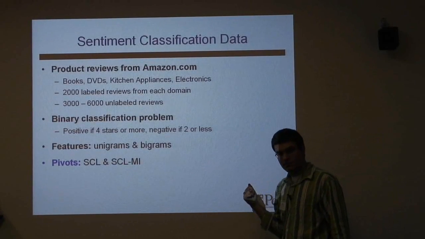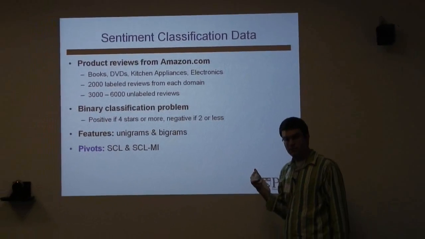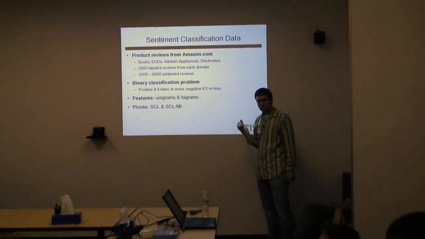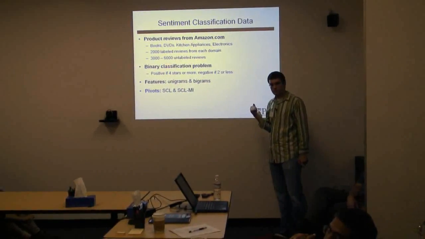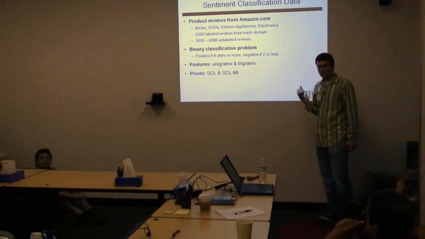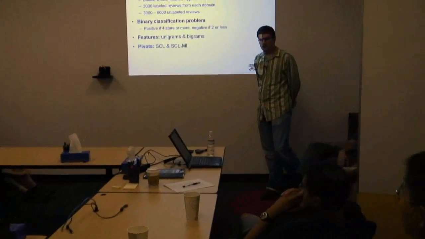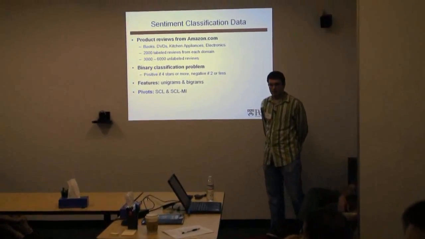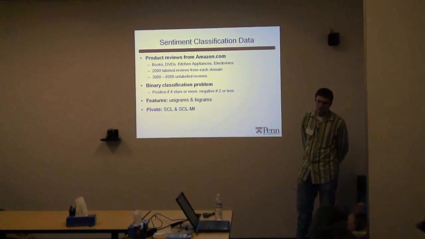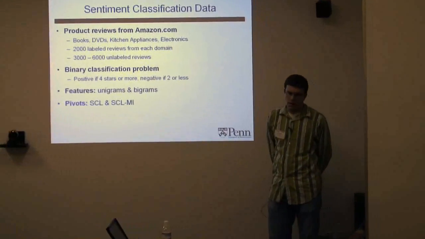So the technique you're explaining, does it assume that the domains are given, that you're going to tell it this text is in this domain, that text is in that domain, or are you able to generalize across text where the domain itself is unlabeled?